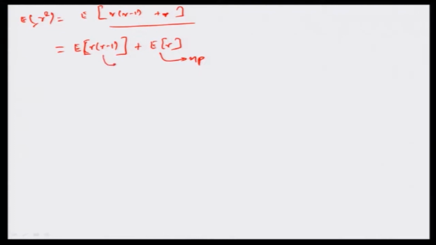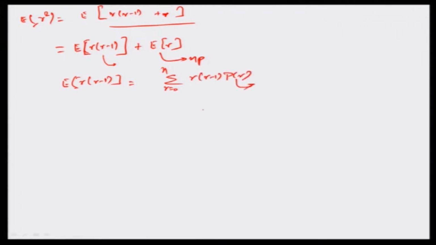We need to calculate what the first term is, and for doing that let us actually expand the formulation. So, the expectation of r times r minus 1 can be written down as sigma r varying between 0 to n r times r minus 1 times the probability of r.